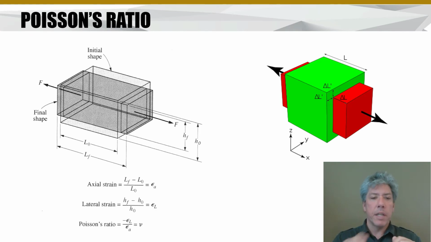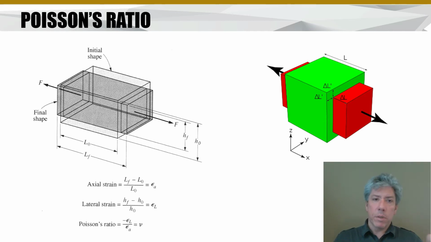So that's why we have LF minus LO, in order to get just the deformation. Then we divide that by the original length LO, and that is the axial strain. That symbol, epsilon A, is what we use for our strain. The A is for axial, and epsilon is our strain symbol.